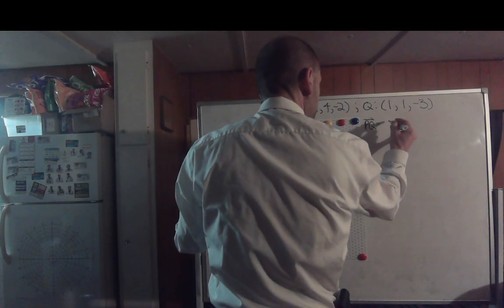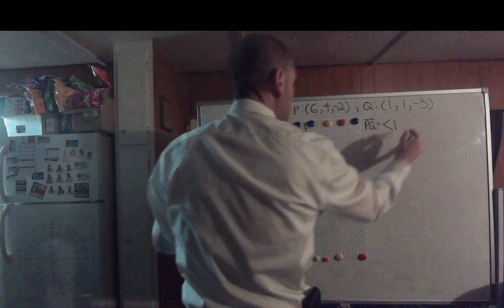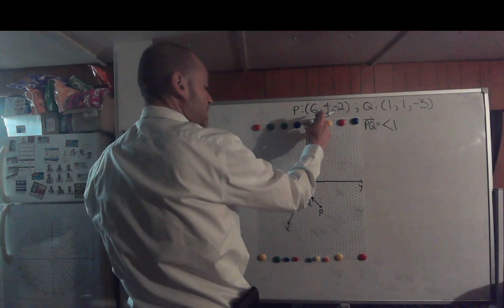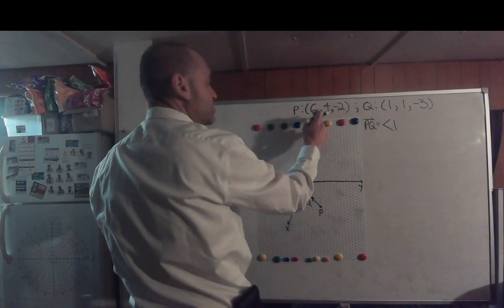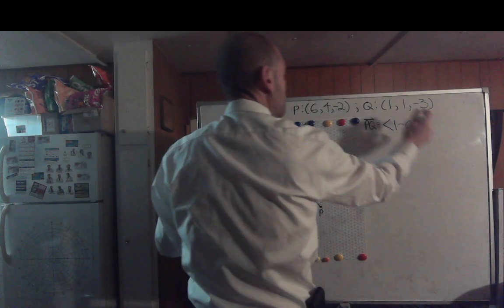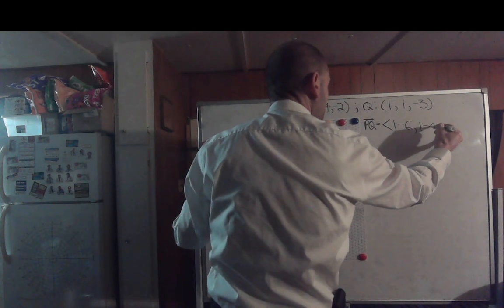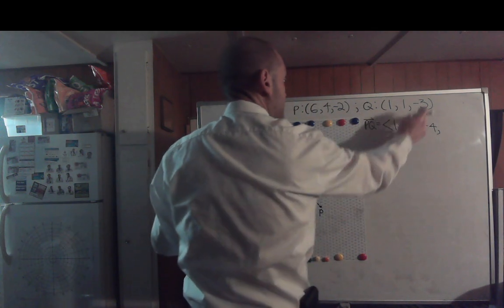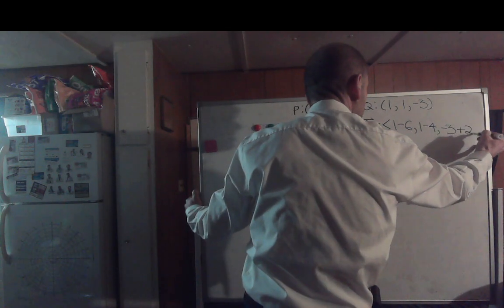So vector PQ would start as your x2 coordinate of 1 minus your x1 coordinate of 6, your y2 coordinate of 1 minus your y1 coordinate of 4, and then your z2 coordinate of -3 minus your z1 coordinate of -2, which would actually turn into -3 plus 2.